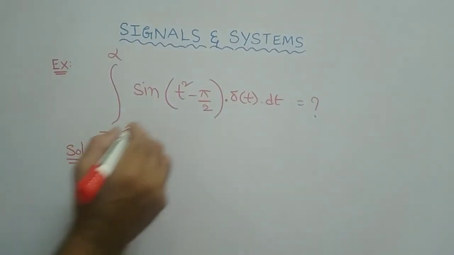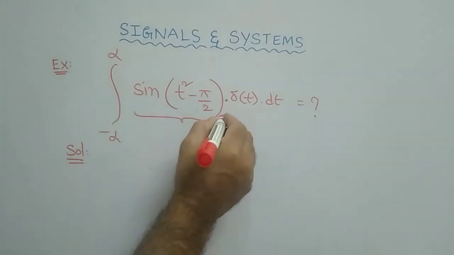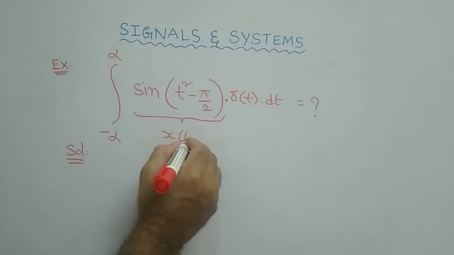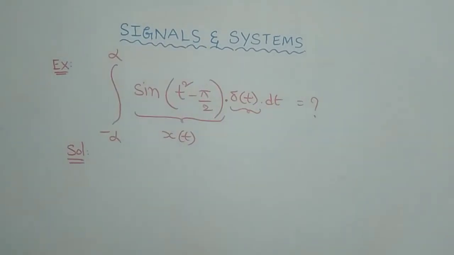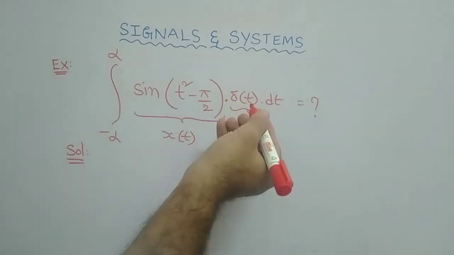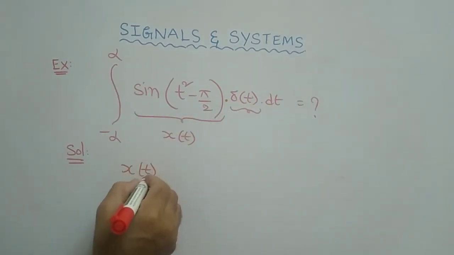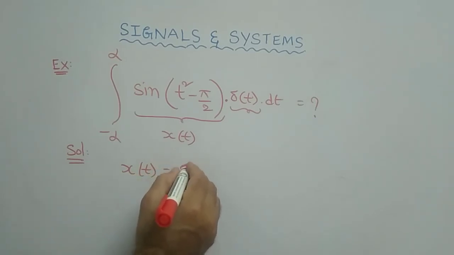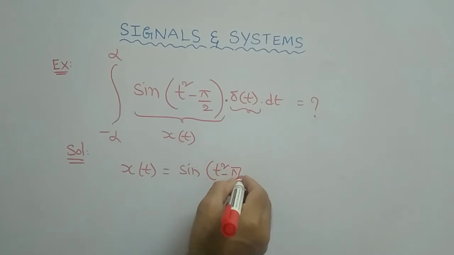What could be the answer? So what is your x of t? Sine of t square minus pi by 2. This is your x of t actually. And however, delta of t is there. It is already given as delta of t. Therefore, here x of t is equal to sine of t square minus pi by 2.